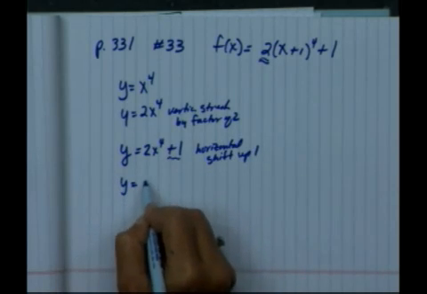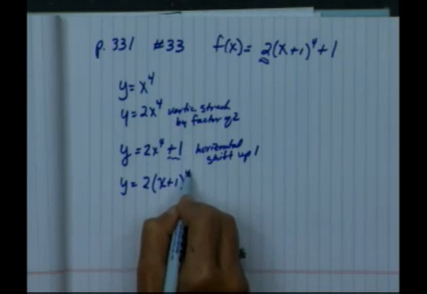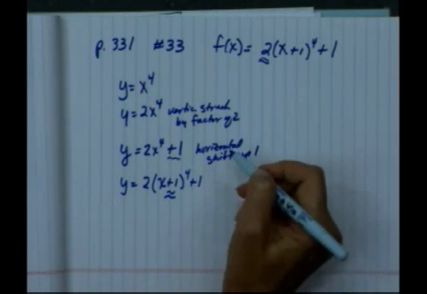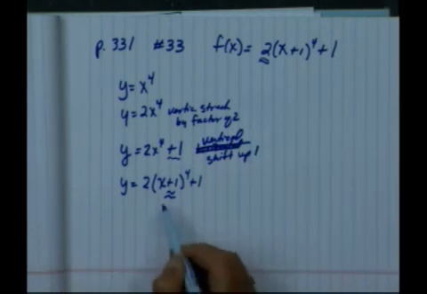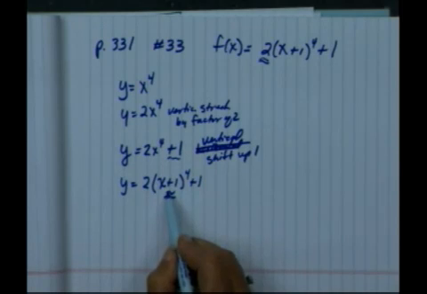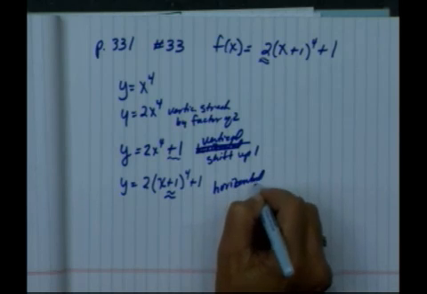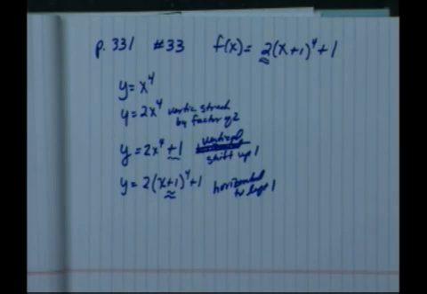And now we've got y equals 2 times (x plus 1) to the 4th plus 1. What's that part going to do for you? Horizontal to the left. Horizontal to the left 1.